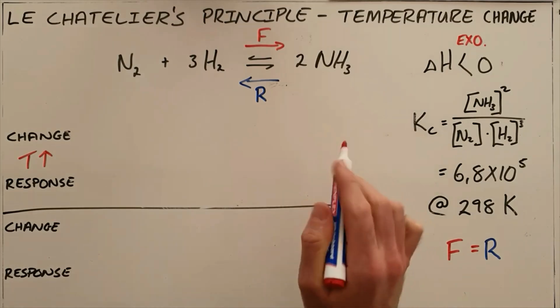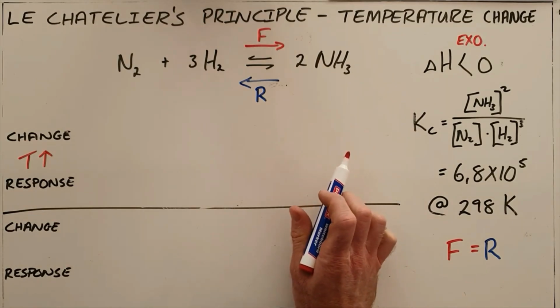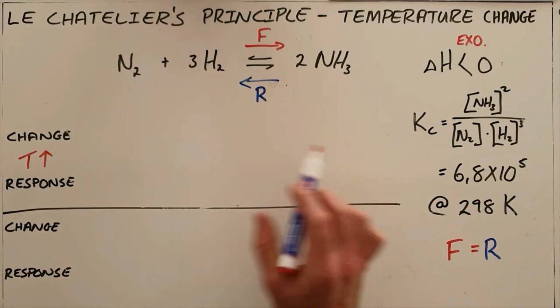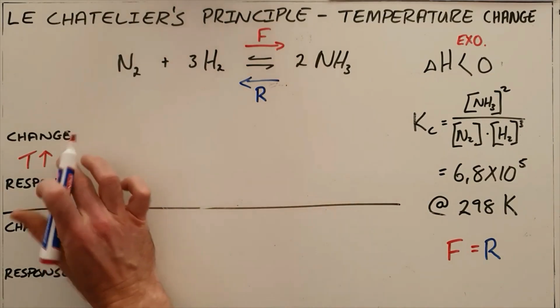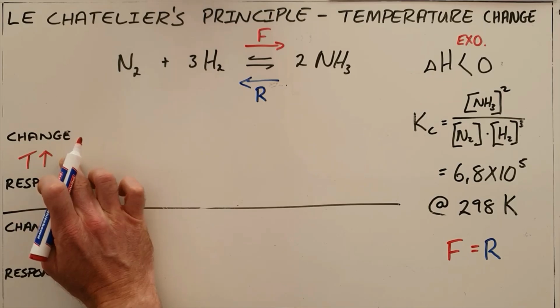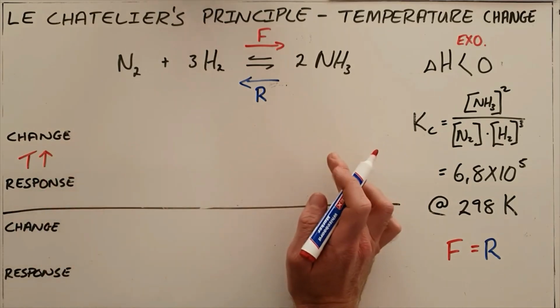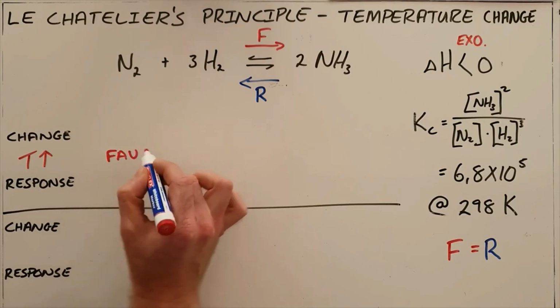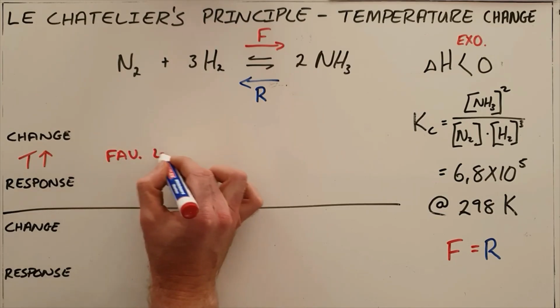Now we know that Le Chatelier's principle says the reaction is going to try to undo the change that we have made. So the external change is that the temperature is heated up. So the reaction is going to try to cool itself down by favoring the endothermic direction.